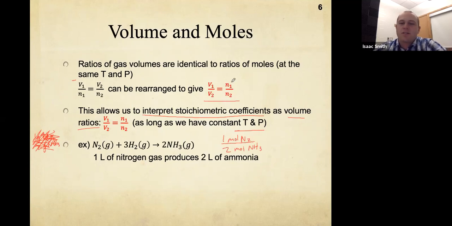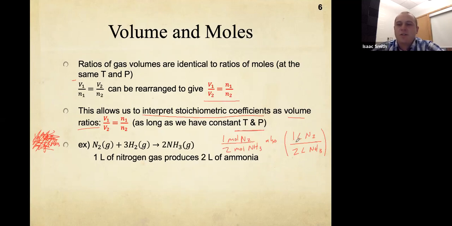Now, using Avogadro's law, because the mole ratio is equal to the volume ratio, you could also say that 1 liter of nitrogen produces 2 liters of ammonia. And again, you need to make sure that if you're going to use this as you solve some kind of problem, homework or something, temperature and pressure must be constant, right?